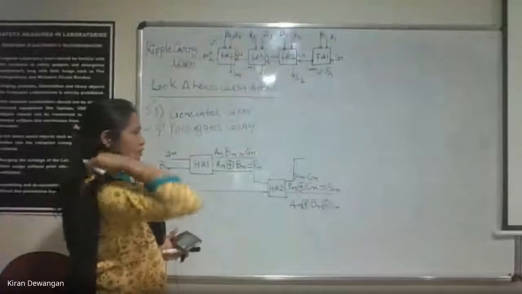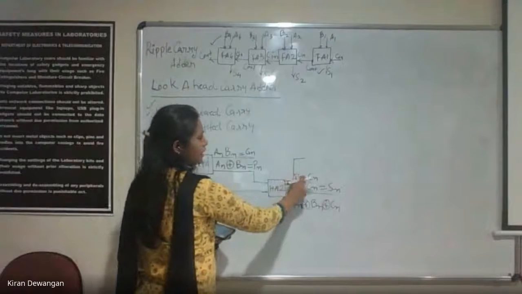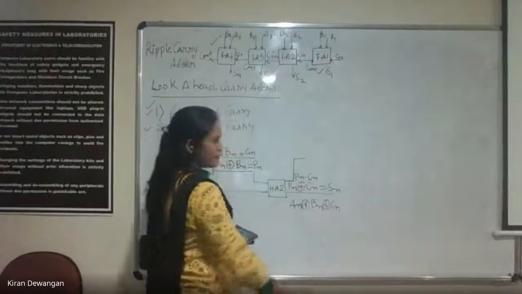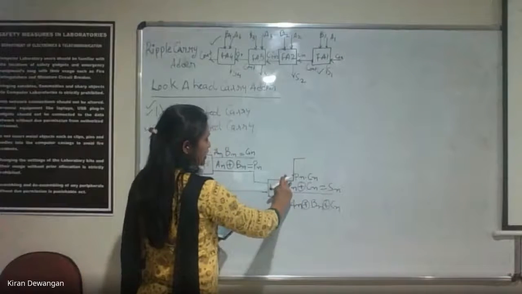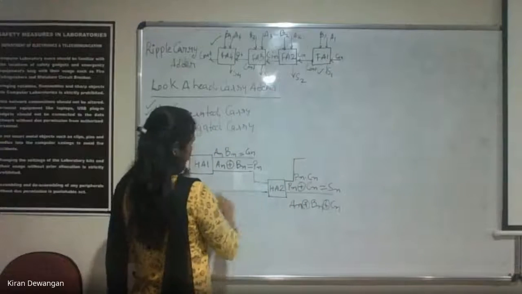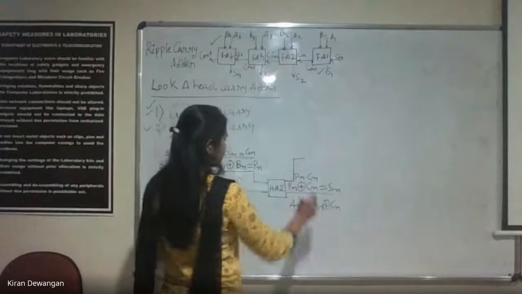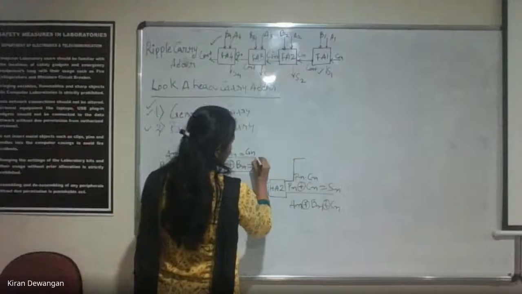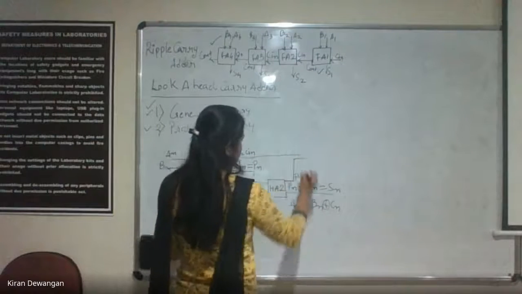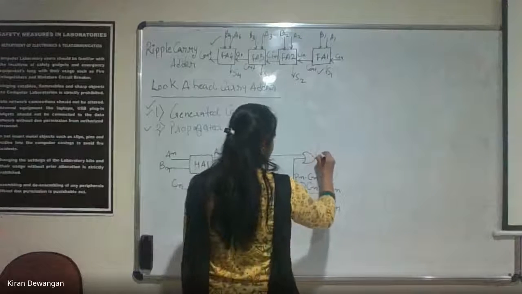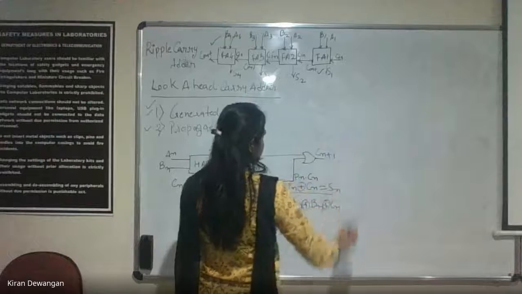Clear? So first one is Pn, first one is An XOR Bn XOR Cn. Second one is this one, Pn and Cn. So Pn dot Cn. So this is given along with this to an OR gate, and it produces Cn plus 1.